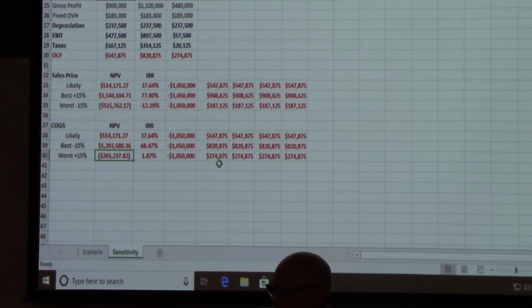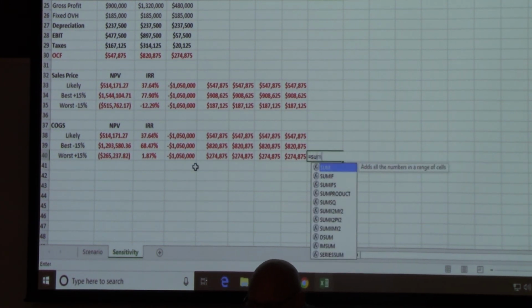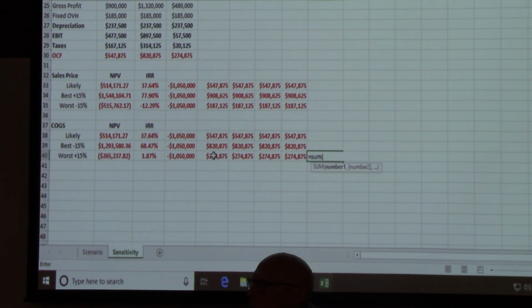So our operating cash flow is not adequate to offset the $1 million outflow at the first of the year. And what we see is, let's see how much we're bringing in.